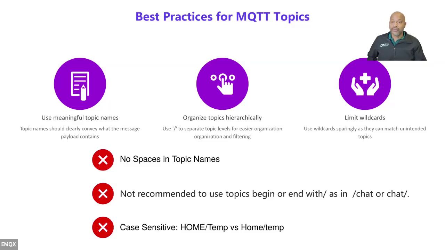Or home, bedroom, sensor one temperature, if we have multiple sensors, right? So that even without subscribing to and reading the payload of that topic, it's human readable and understandable what information I want to receive or send with that topic.